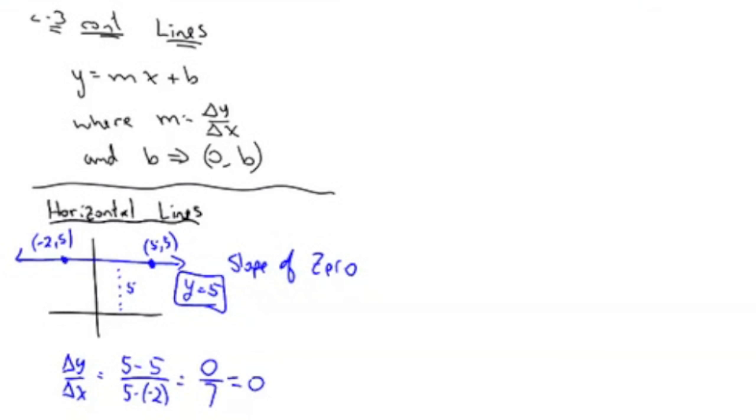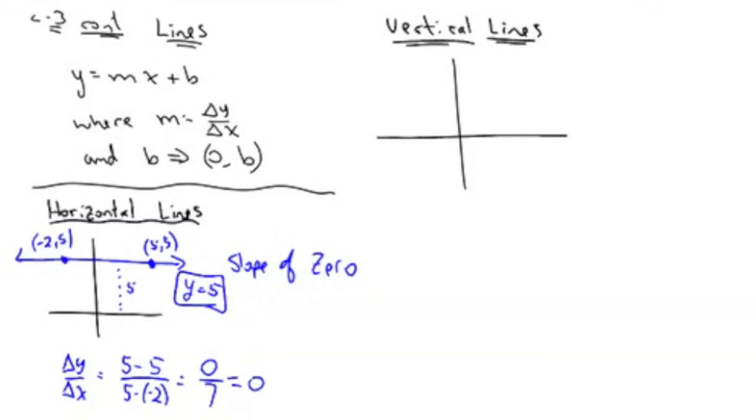All right, the other type of line is, of course, vertical. So if I have a vertical line, it'll look something like this. It's going straight up and down.